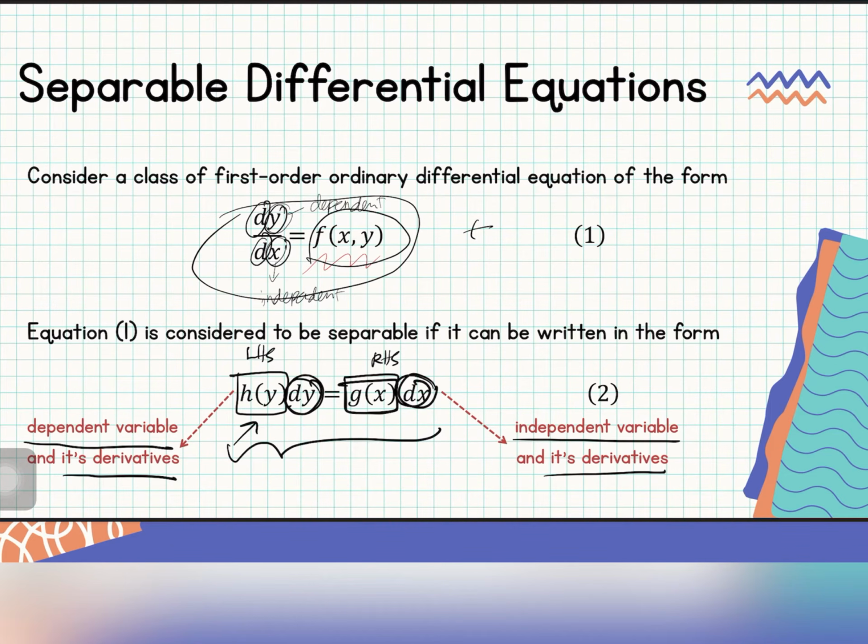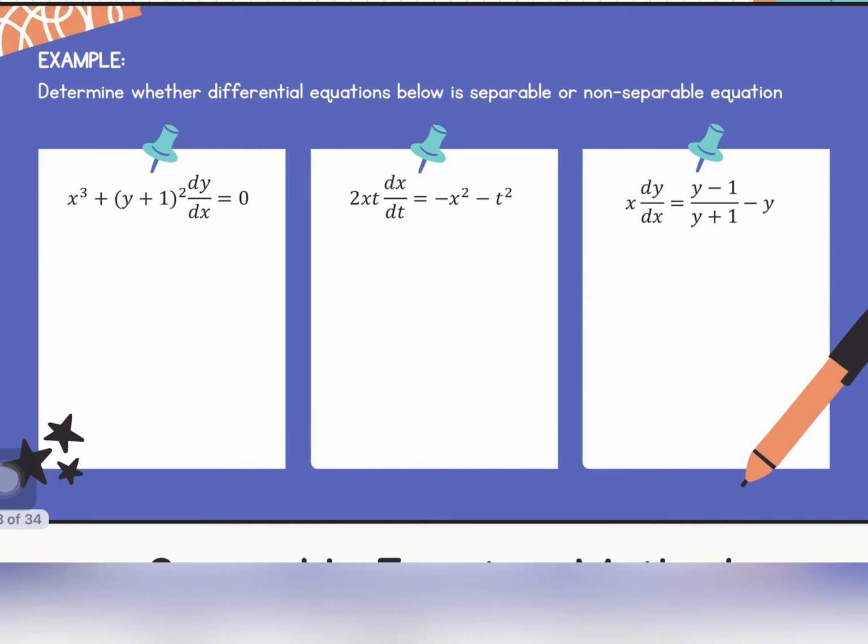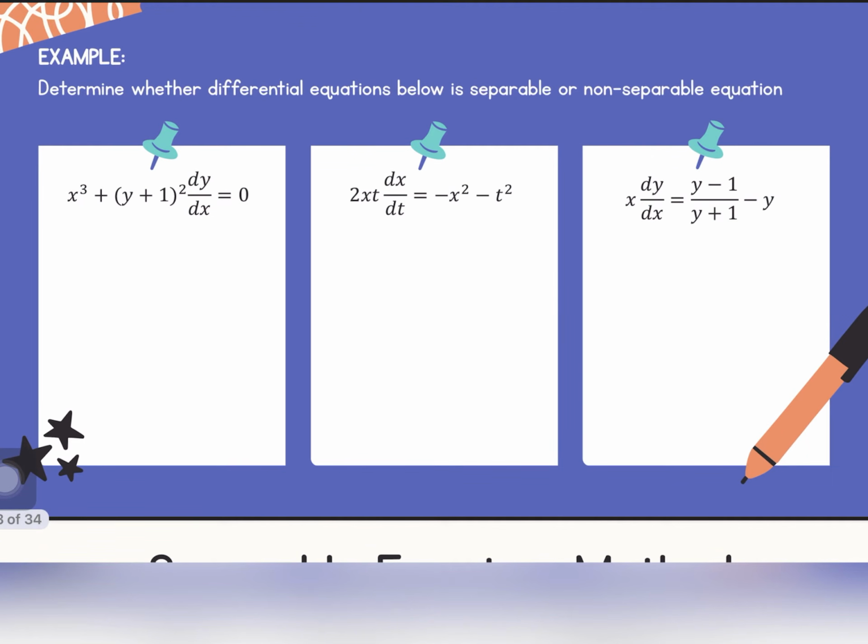So to make it clearer, let's see a few examples. Here you have the differential equation. The first one, (x cubed plus y plus 1) to the power of 2 times dy dx equal to 0. First of all, why is this called a differential equation? Because you have the derivative inside your equation.